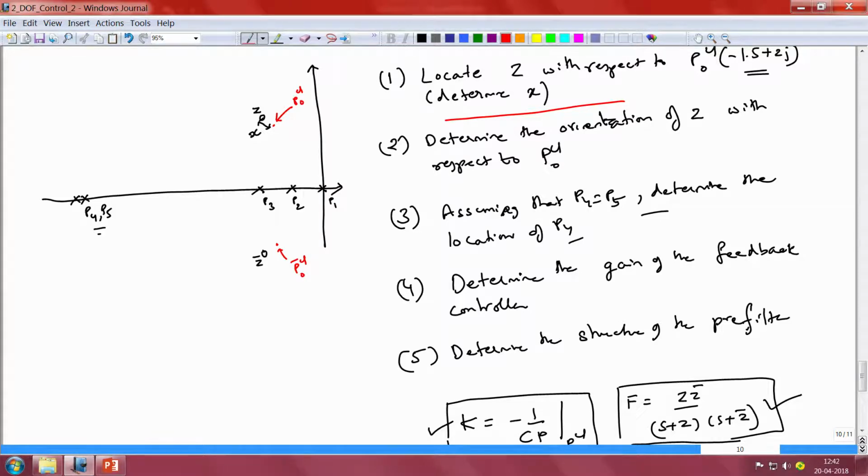In the second case, when the plant's pole location changed, the closed loop pole varied along a different straight line, but the extremities of this straight line resulted in a triangle, with respect to the point z, that was similar to the triangle that the extremities of the open loop plant pole formed with the point PCL naught. So that allowed us once again to determine the distance at which we had to locate the 0 with respect to the point PCL naught.